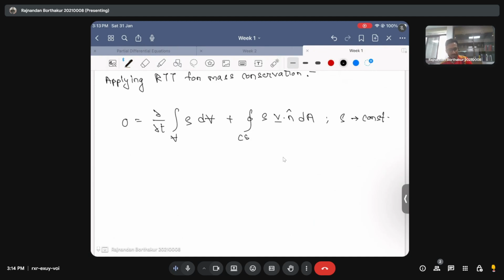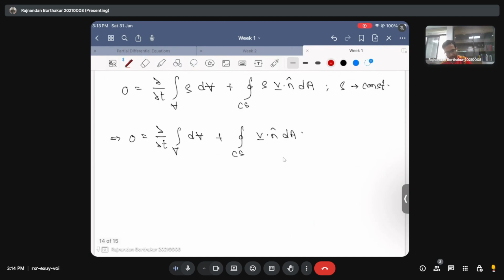You can equivalently say that it's an incompressible fluid, which means that I can simplify this to del T of the integral over the control volume dV, plus, let's keep this as, the integral over the control surface of V dot n hat dA.